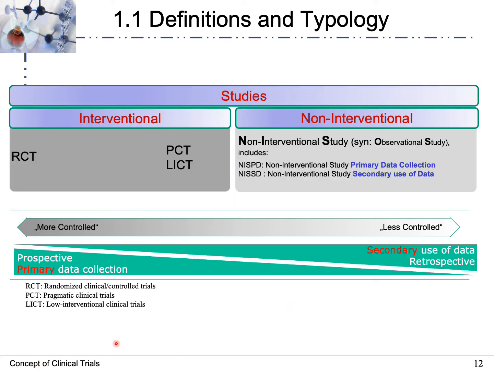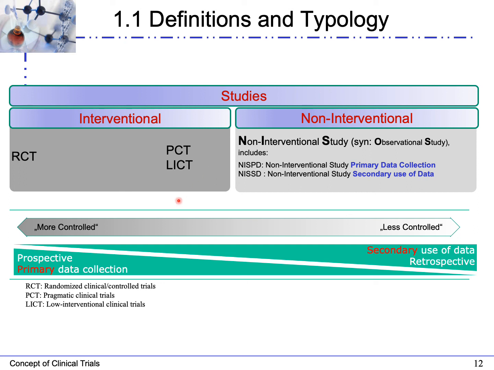So overall, we have the two main types of studies, interventional and non-interventional. In the non-interventional, we saw the prospective and retrospective types of studies. In the interventional, we spoke about the randomized clinical trial as well as the low-interventional clinical trials.